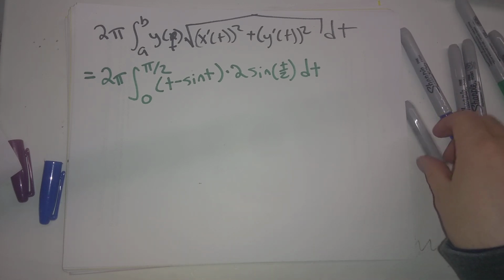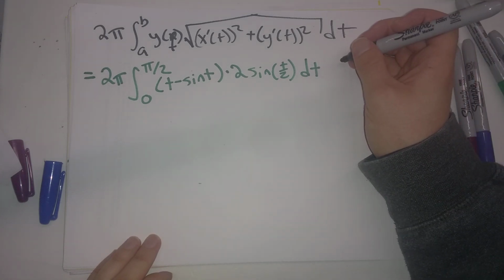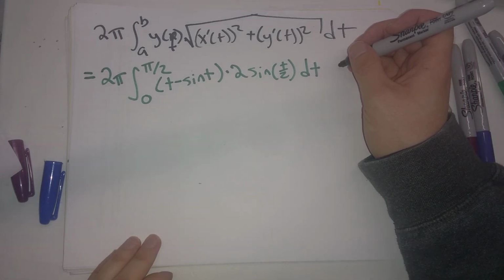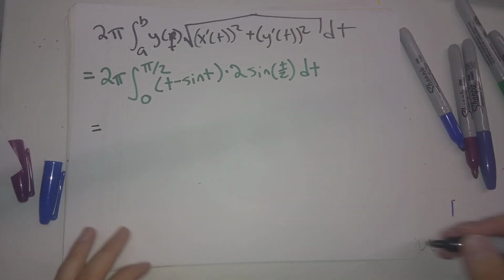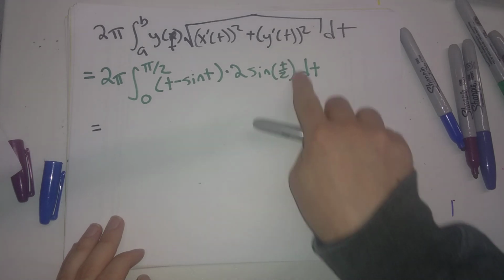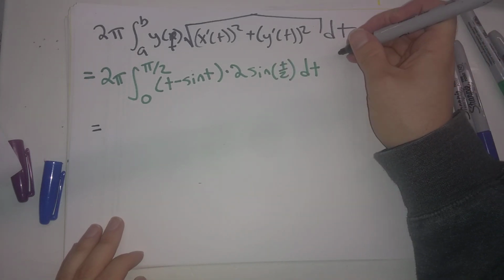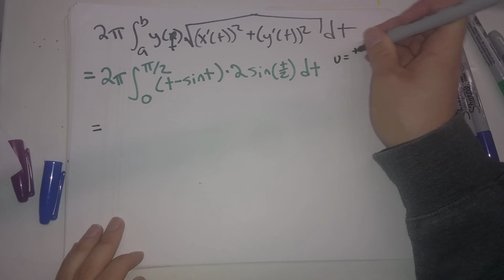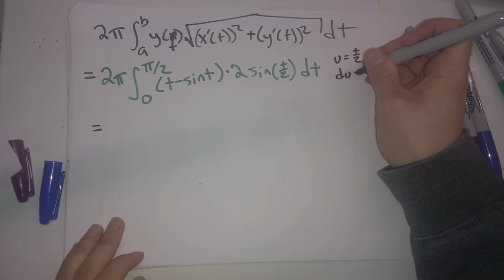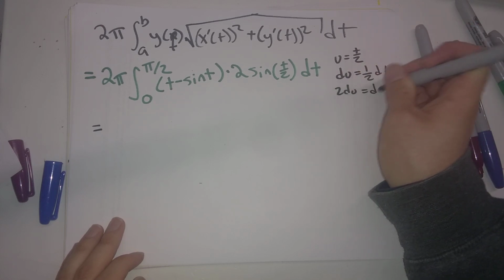And how are we going to do this? This can be rewritten as 2 different integrals. Well, we don't like this sine of t over 2, so I'm going to make a substitution that u is equal to t over 2, du is equal to 1/2 dt, so 2 du is equal to dt.